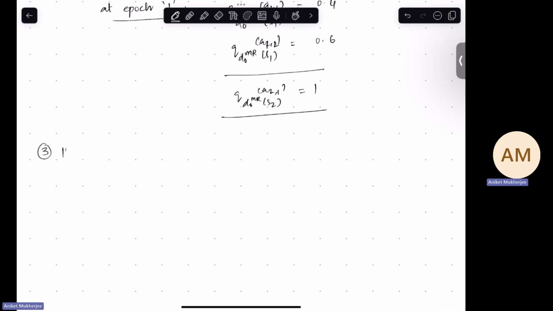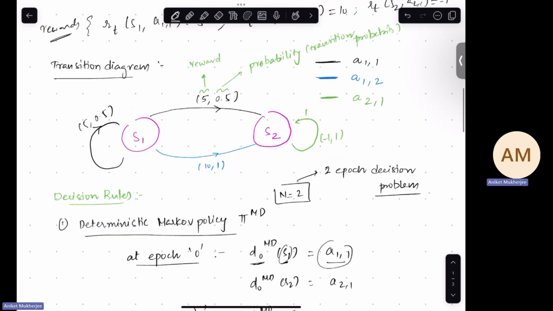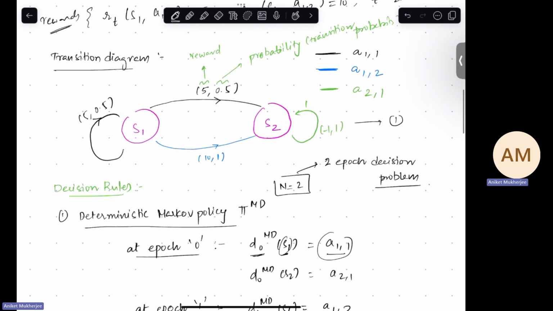Now, we also had history dependent policies. And for this particular example, I'll call this example 1.